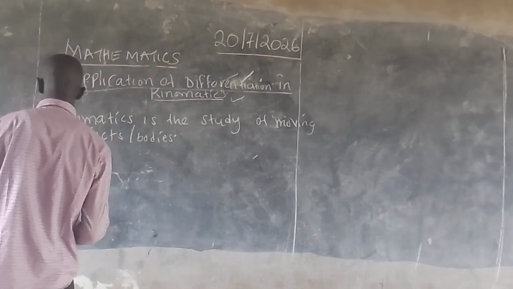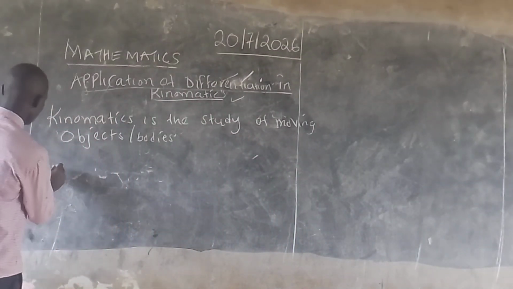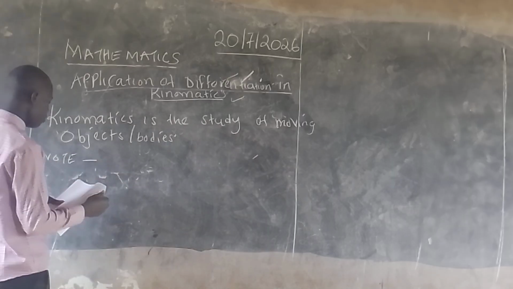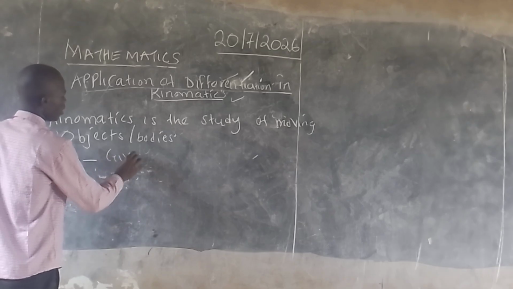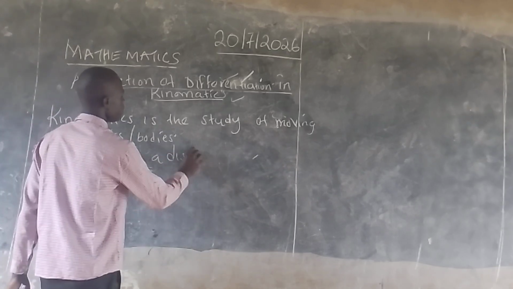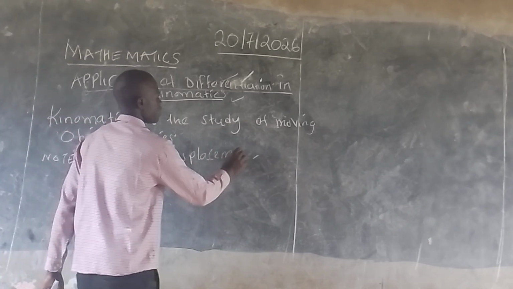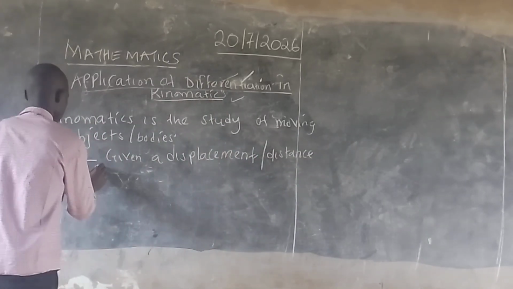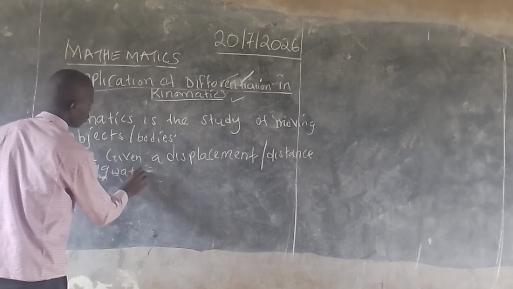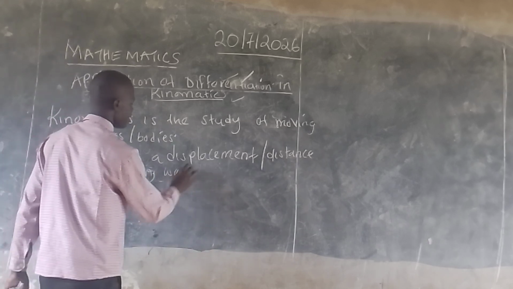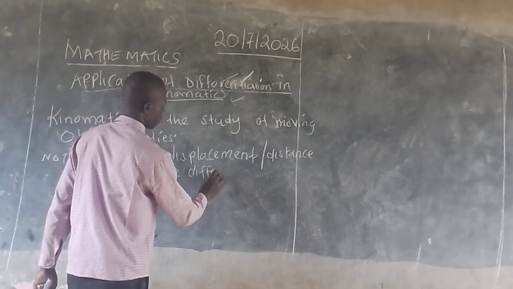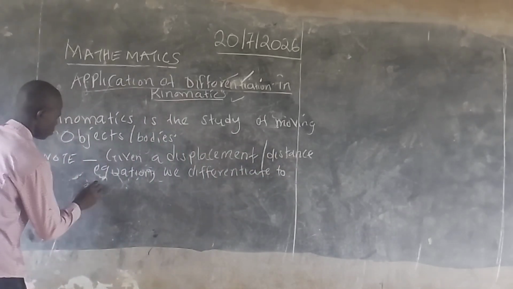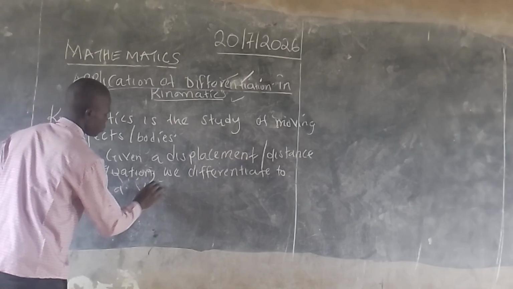What is important to note is point number 1: given a displacement, or distance, equation, we differentiate to get a velocity equation.